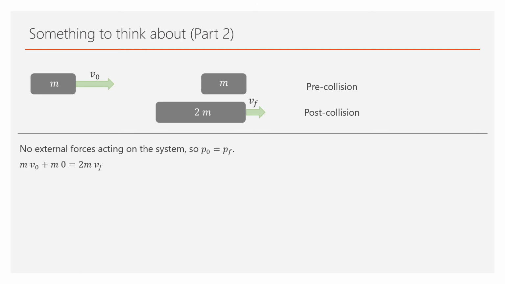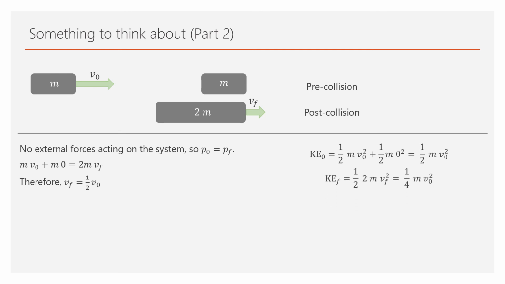We can find the momentum by calculating mass times velocity for each piece, and then solve for the final velocity. We get v sub f equals 1/2 v sub 0. Then we can find the kinetic energy before and after the collision. We find that the kinetic energy before the collision is 1/2 m v sub 0 squared.